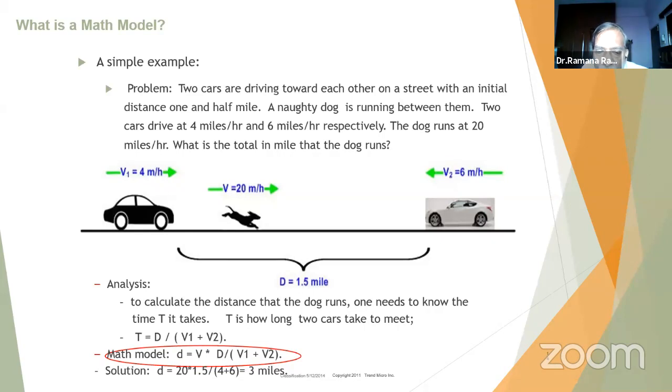What we have done is studied the problem, collected the given data, and then moved the given data into a mathematical model, that is d = v × D / (v1 + v2). That is the model. So from here on, whether you vary the capital V or capital D, v1 and v2, you are sure to get an answer.